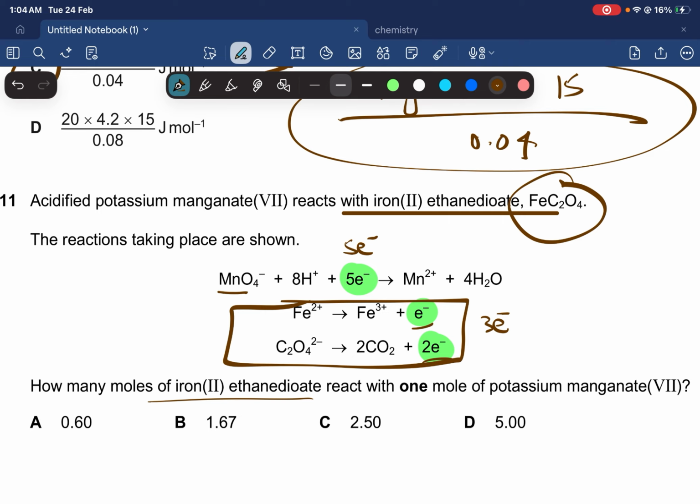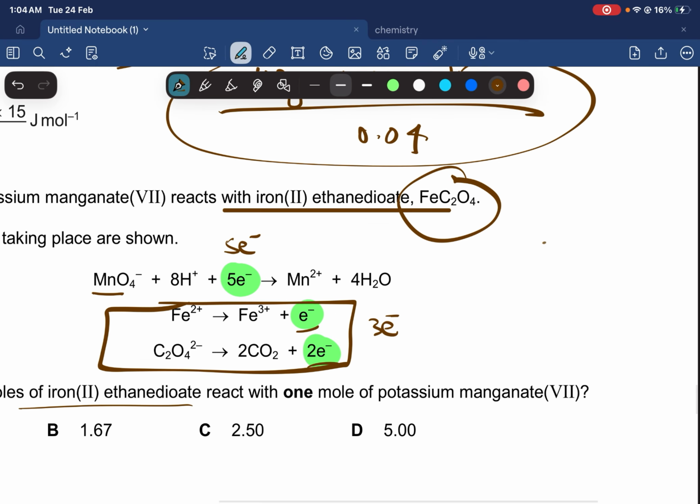The problem is that the loss and gain of electrons should be equal. So if 1 mole of MnO4 is gaining 5 electrons, then we need 5 electrons to be lost as well, right? So if 1 mole is losing 3 electrons, we need 5 electrons.